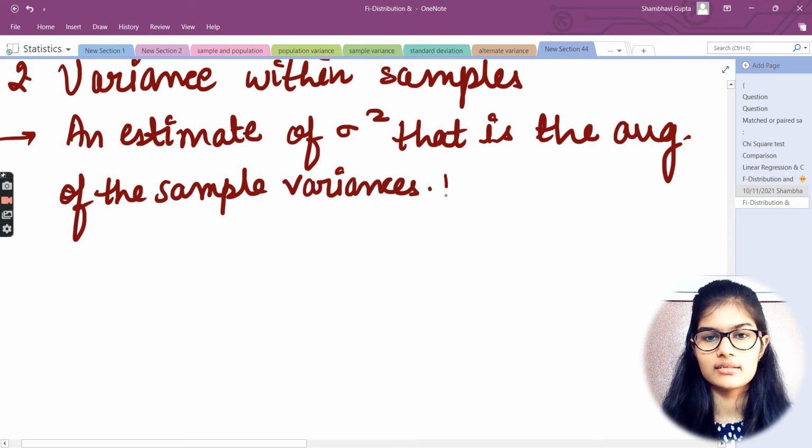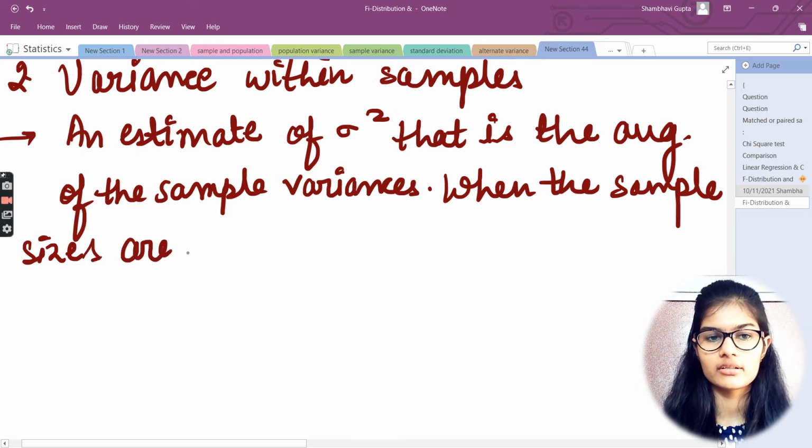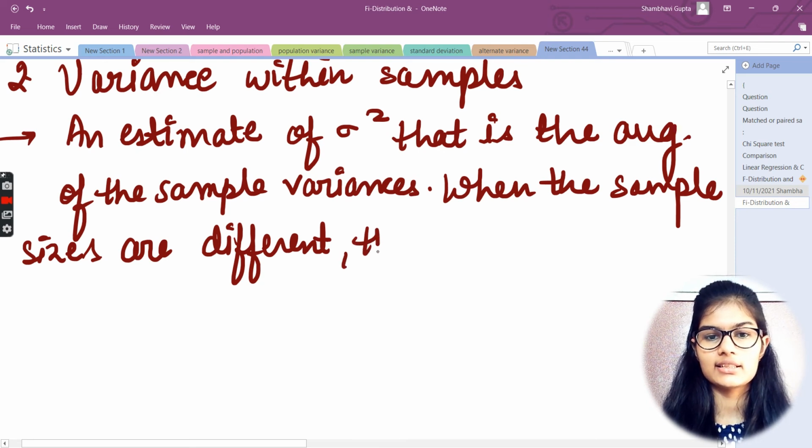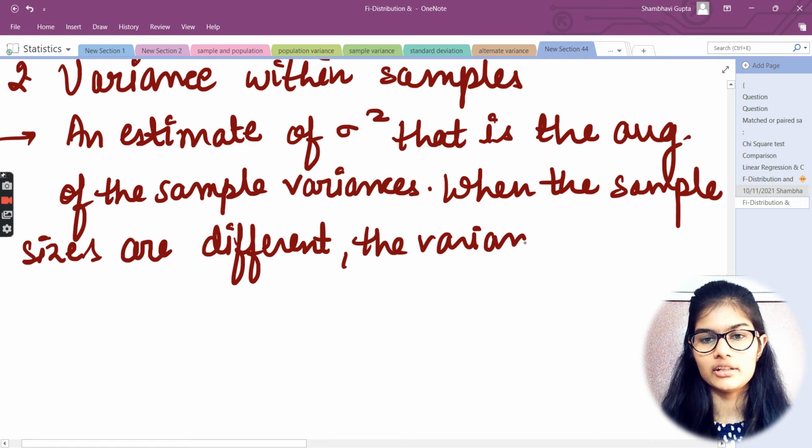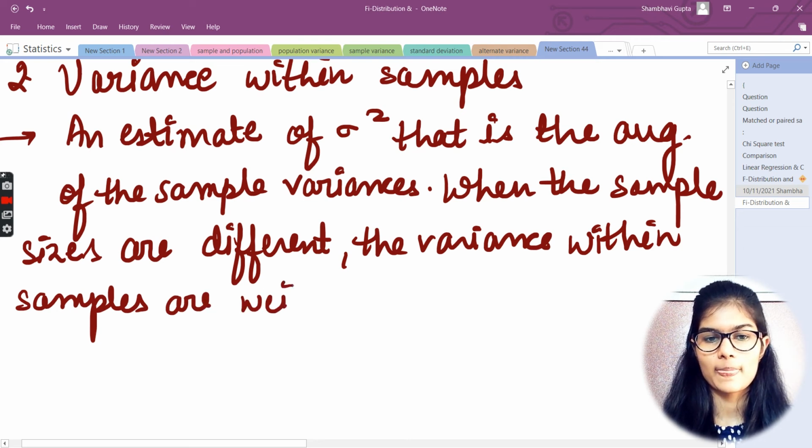Now when the sample sizes are different, in that particular case the variance within samples is weighted.